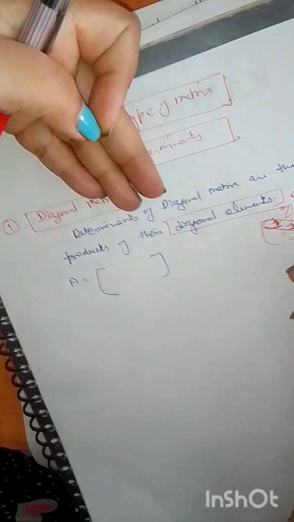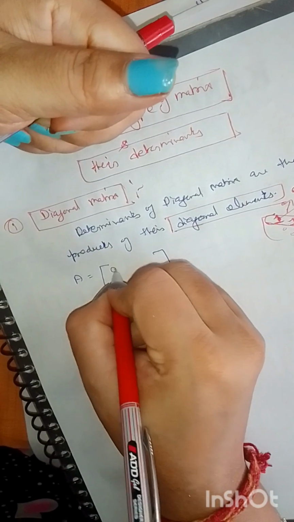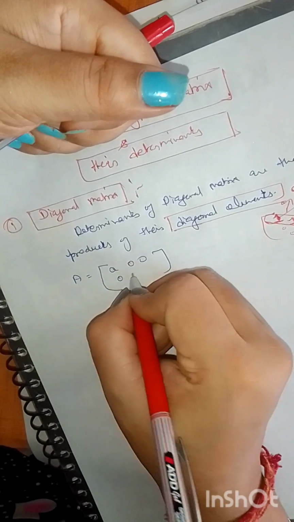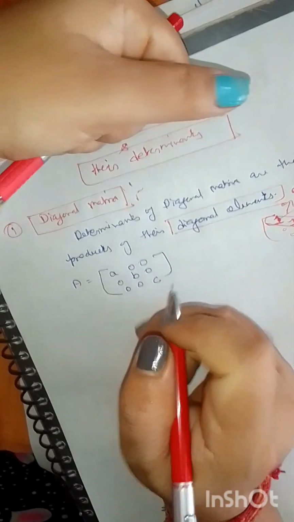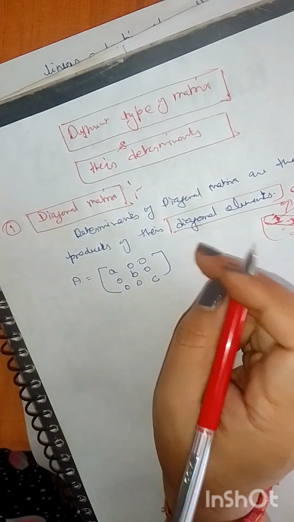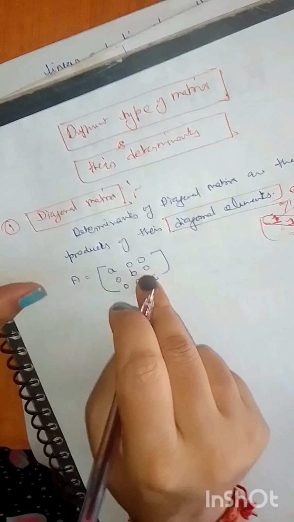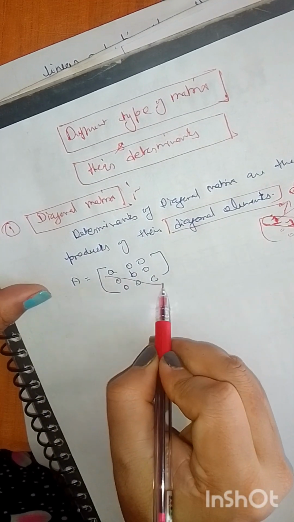I hope you understand what I am teaching you. So this is matrix A: a 0 0, 0 b 0, 0 0 c. All the other elements are 0, only the diagonal elements a, b, c are there. That is called a diagonal matrix.